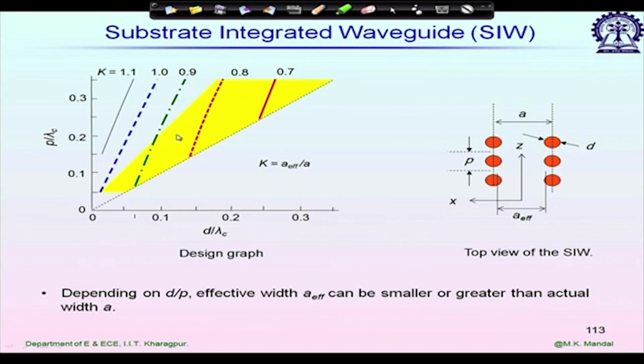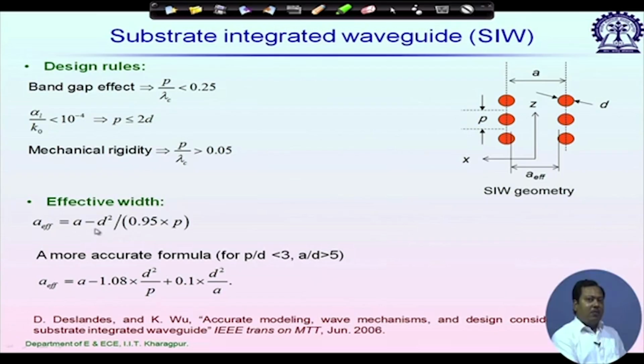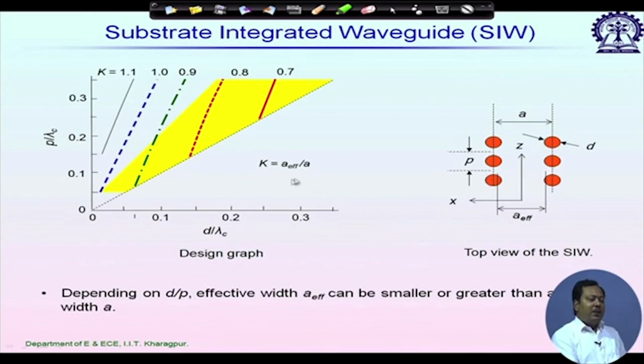So, we have to choose a solution from this yellow region, and in this yellow region we see that A effective by A is always less than 1, as we predict from this formula. A effective should always be less than 1. Why is the calculation of A effective so important? Because once we have the expression or the actual value of A effective, then you can use all the formulas you learned for rectangular waveguide.